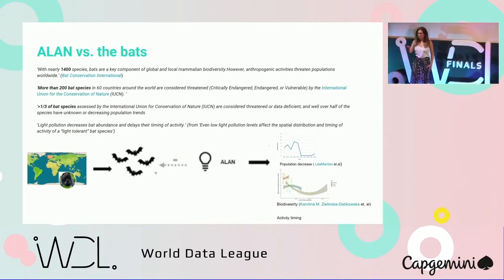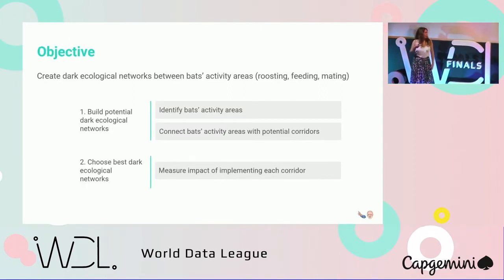Taking that into account, we have our objective. Our objective is to create a tool that helps the decision makers create dark ecological networks between bats activity areas. How do we do this? We divided this objective into two main parts.